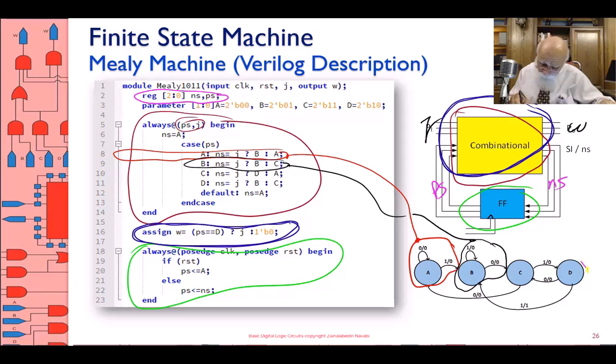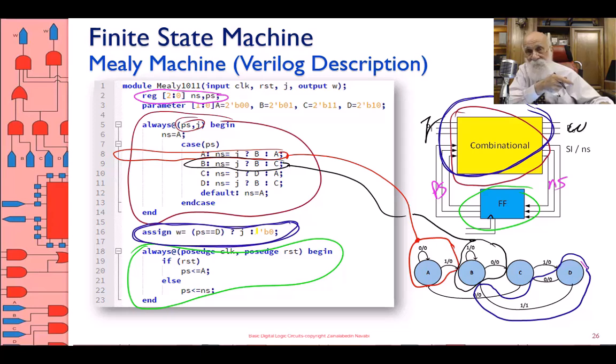When I'm in state D, if the input is 0, the output is 0. If the input is 1, the output is 1. And therefore, read line 16. It says the output is J when my present state is D, otherwise 0. What it means is if I'm in state D, my output follows the input.